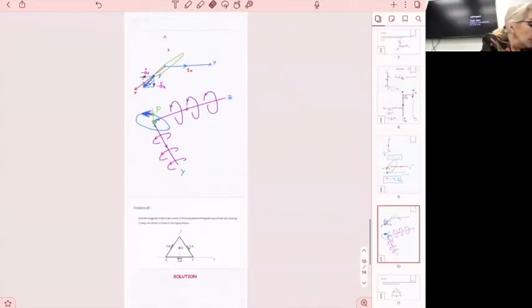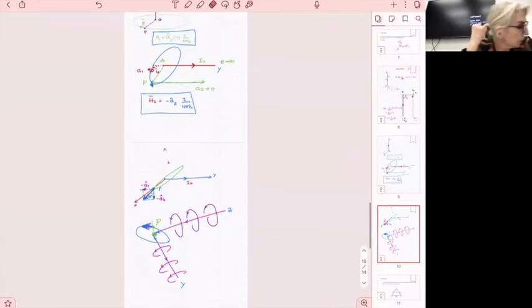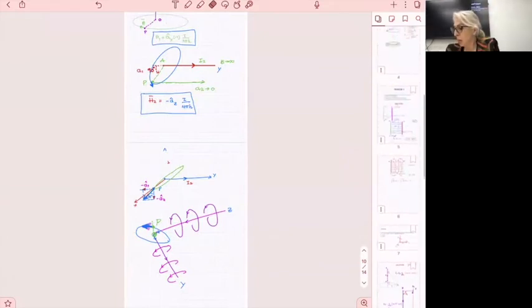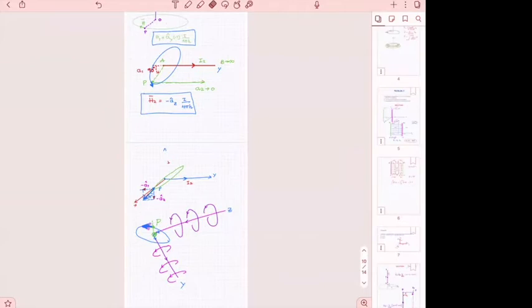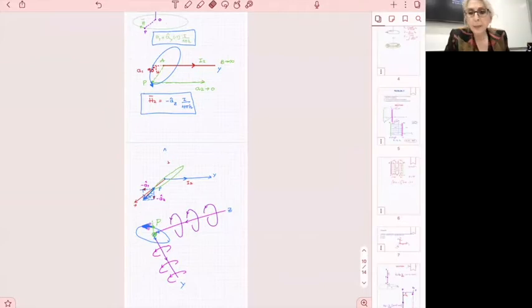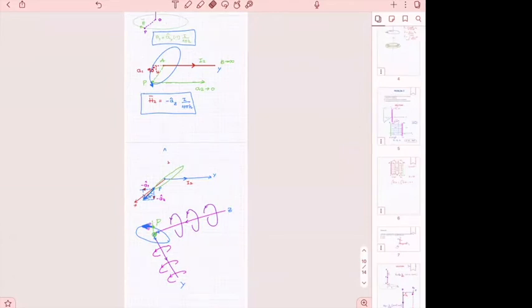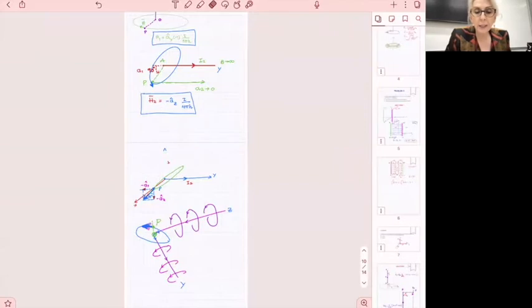Do we have any additional questions on this problem before I leave that one? All right. What was the total field at this point P? The magnetic field, you mean?